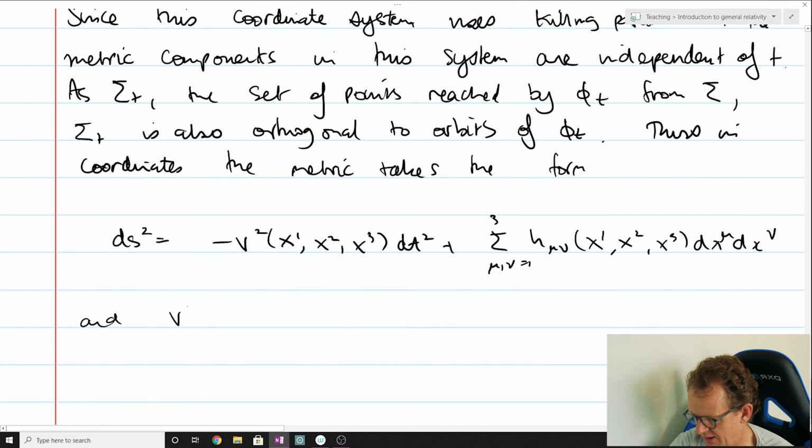And what is v, the scalar factor? Well, it's got to be the length of the killing vector field.